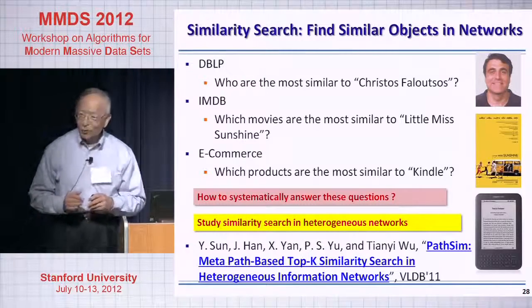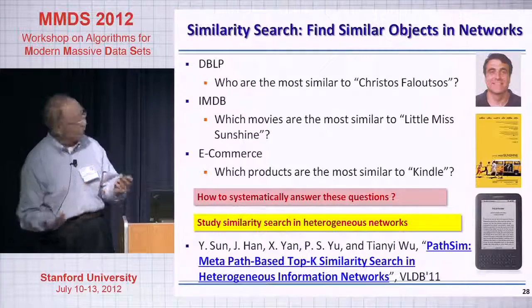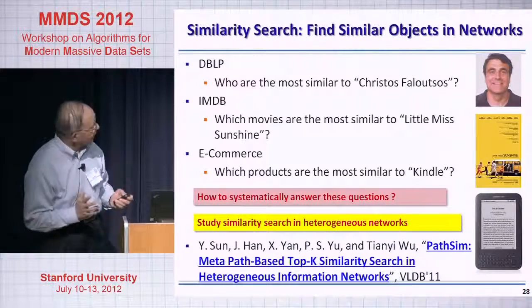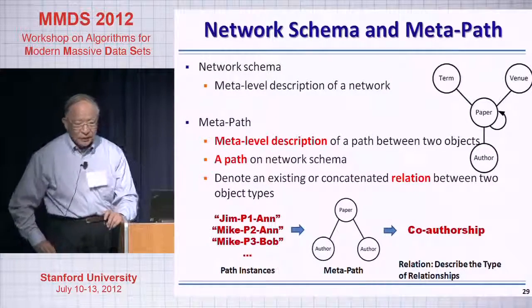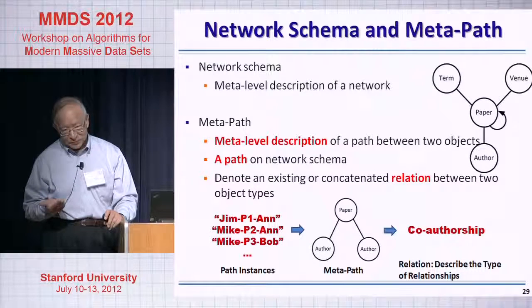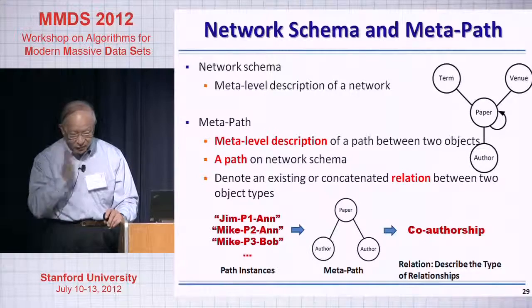You say, what product is most similar to this one? Or which movie is similar to the other movies? So those similarities become very interesting. The interesting thing is, even when you ask me who is most similar to Christos Faloutsos, even as a human, it's hard to say.